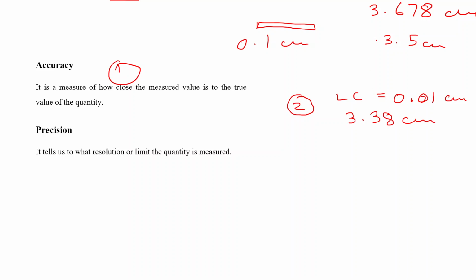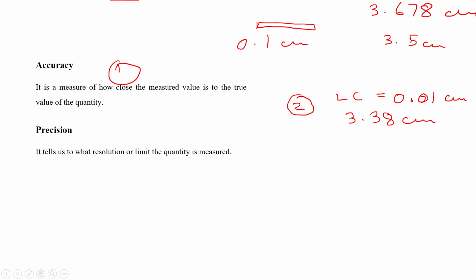Now from this we can see that the actual value is 3.678 centimeter. Using the first instrument, I found the value to be 3.5 centimeter, and using the second instrument, I found the value to be 3.38 centimeter. Now we can clearly see that this first value is closer to the actual value than the second value.